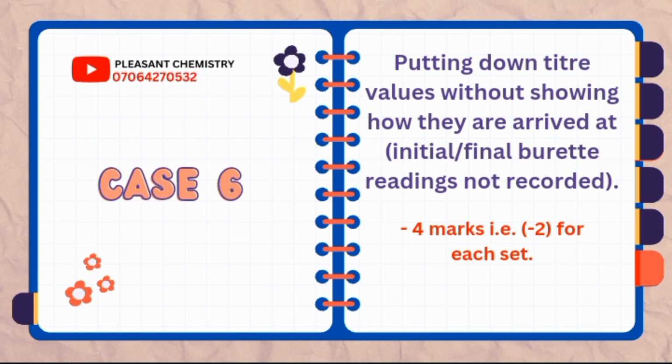And the proper way of getting the volume of acid used is to take away the initial from the final.